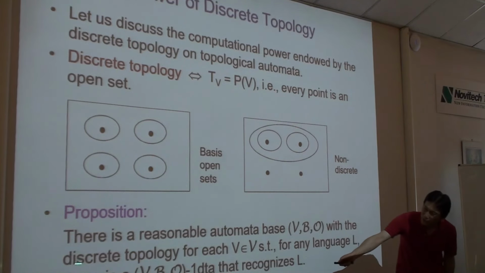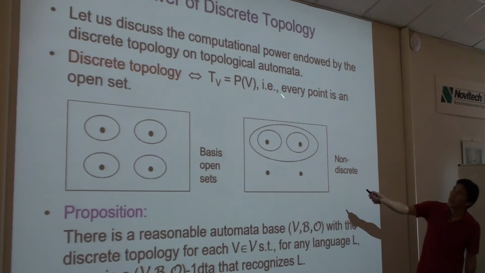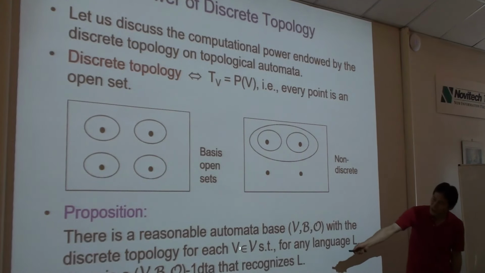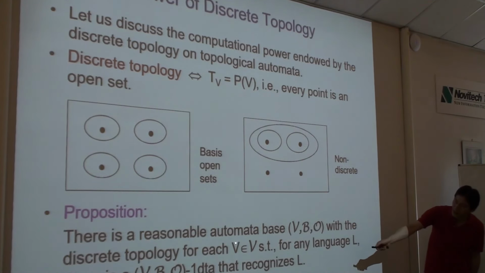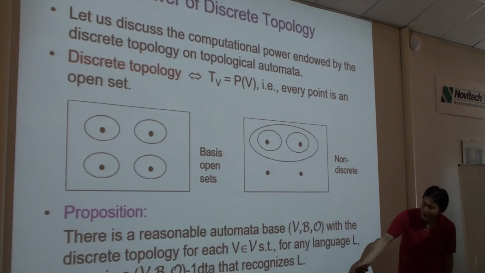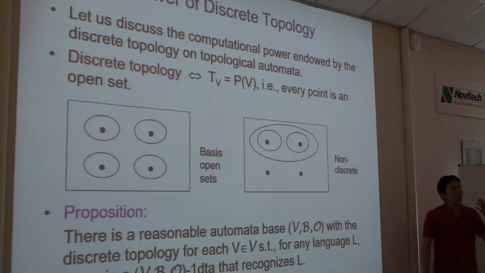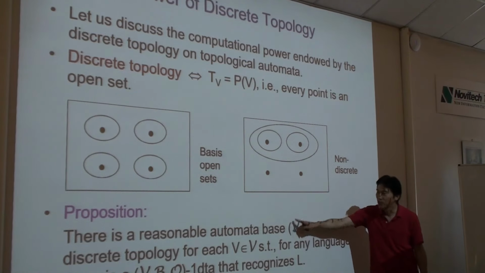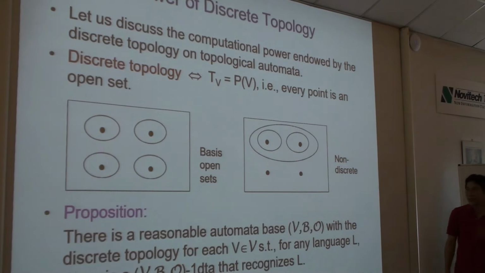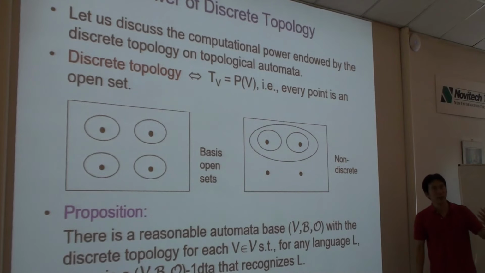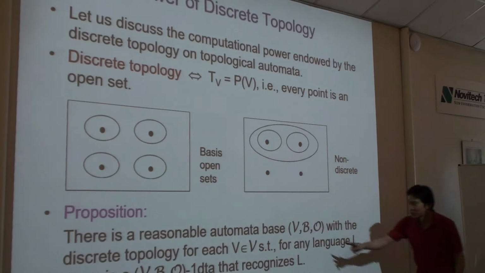First we use a discrete topology like this one, and for each V element, the configuration space, for any language L we can find one DTA that recognizes L. That means any possible language can be recognized by a one DTA using this particular topology. So this is the power of topological automata, that we can describe everything. It's just a matter of how to choose those things.